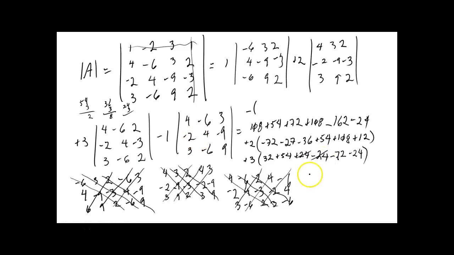by 3, which is 4, negative 6, 3, 4, negative 6. Okay? Which is just like we did last time, only it was a 2 in that middle one. Negative 2, 4, negative 9, negative 2, 4. Okay?